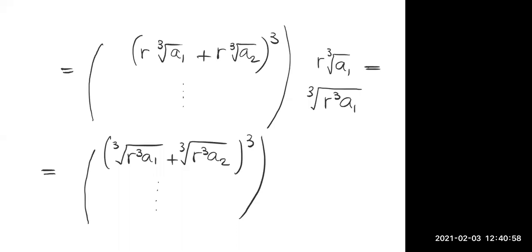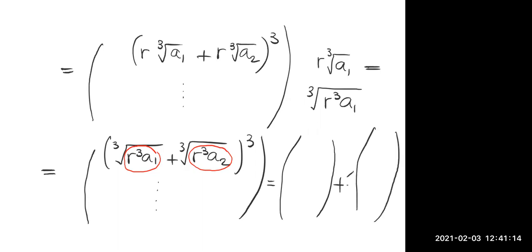Now look at that. We have the third root of one number plus third root of another number, and then we raise that to power 3. This is exactly what we defined when we defined the addition of two vectors.